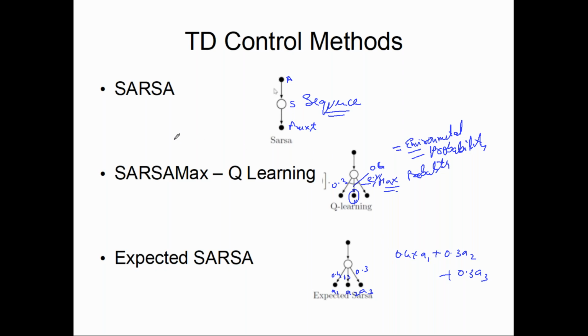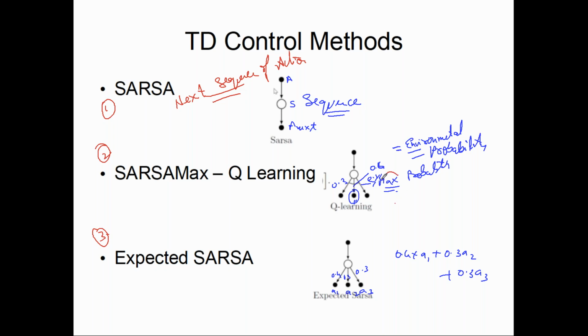So these are the three ways in which we take the next action or the next sequence of actions. In the first case, it's a simple sequence.